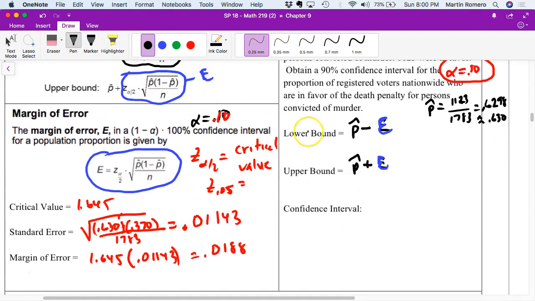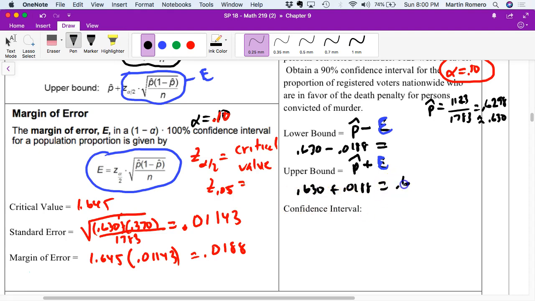And so what's going to be your lower bound and upper bound? You're going to go here. Lower bound is going to be 0.630, sorry, not a plus, minus 0.0188. Upper bound is 0.630 plus 0.0188. And so you get those answers there.